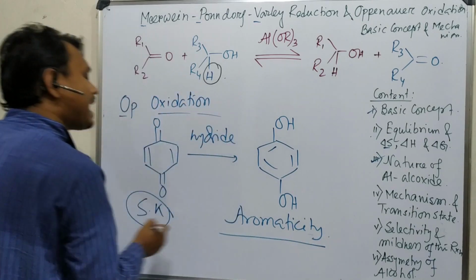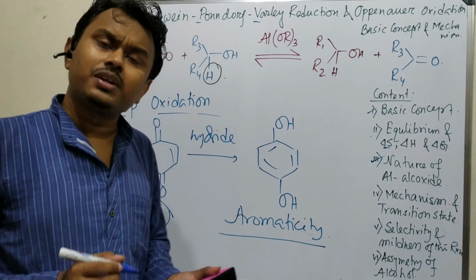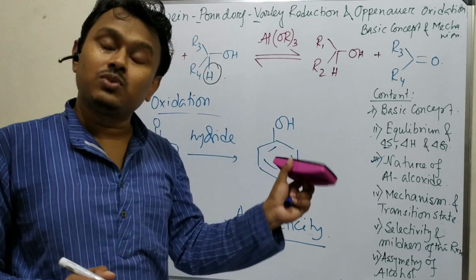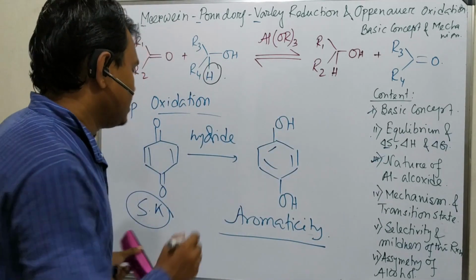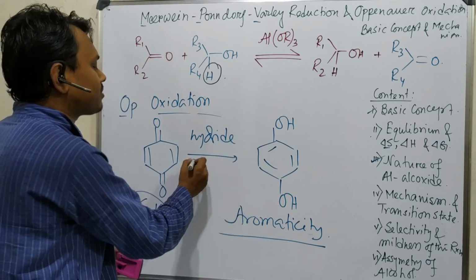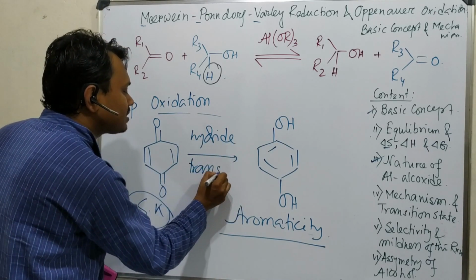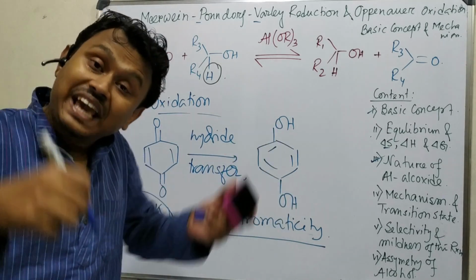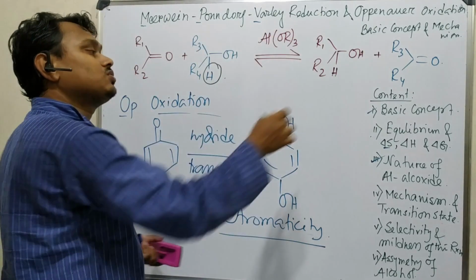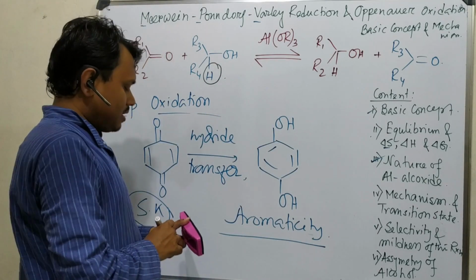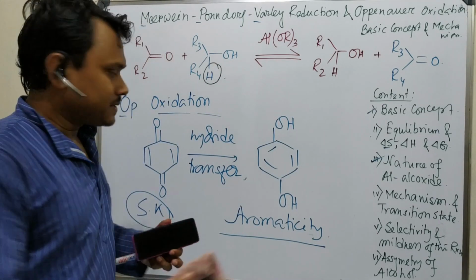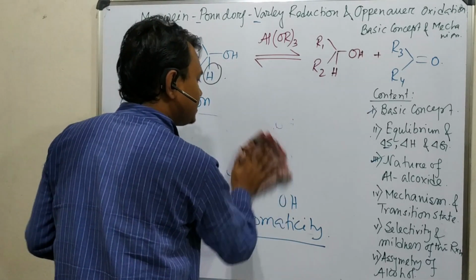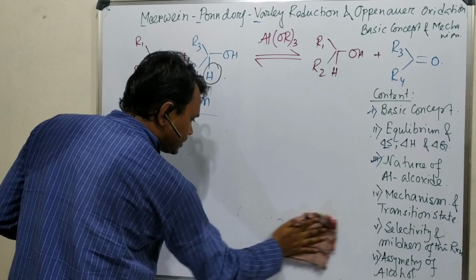And you know that aromaticity is a very important contributing factor for driving a particular reaction in a particular direction. So this is the reason this hydride transfer results in aromatic stabilization gain. That's why this process goes in the forward direction. Okay, fine. So we have discussed the role of individual reagents and conditions.